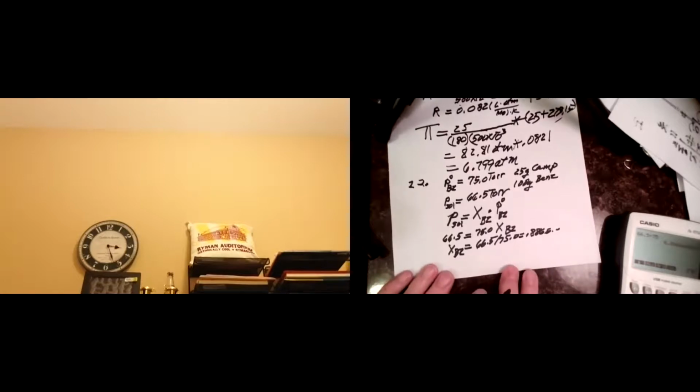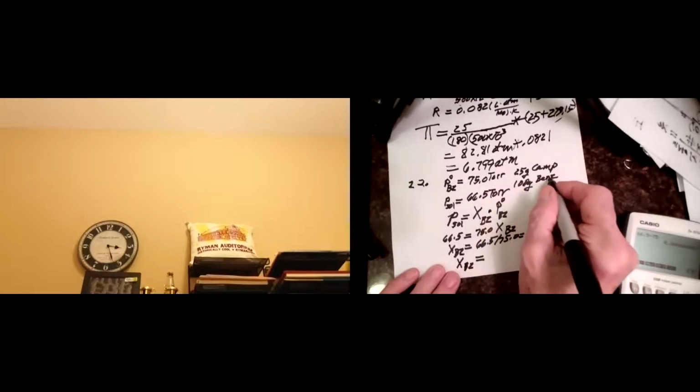Okay. It's 0.88666, repeating sixes. Now, what is the mole fraction of benzene? Mole fraction of benzene is going to be the moles of benzene. Well, we put 100 grams of benzene. So its number of moles is 100 divided by the molecular weight.